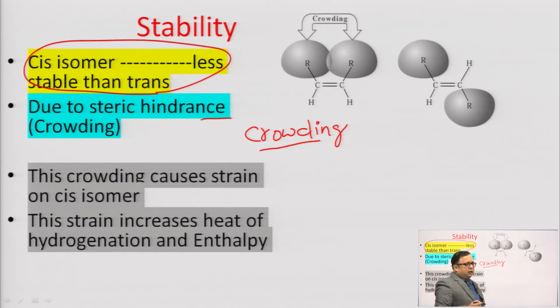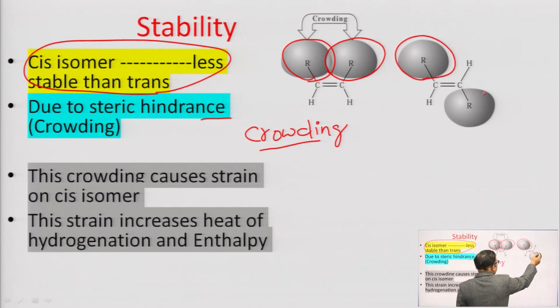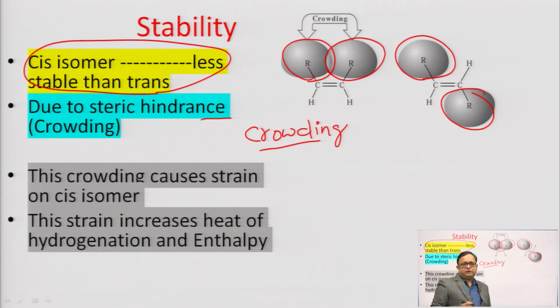If the substituents are present at a cis position, the volume they occupy in space may interfere with each other if they are very near to each other, and the result is crowding, and this crowding results in steric hindrance. But if we see trans isomers, they are placed opposite to each other, so there is less steric hindrance.